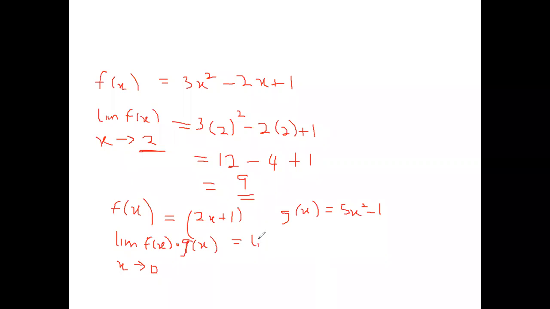Okay, there are the rules. This can be redefined as well: the limit of the first function, 2x plus 1, as x approaches 0, times the limit of the second function, 5x squared minus 1, as x approaches 0.